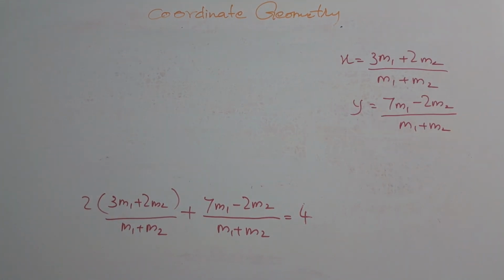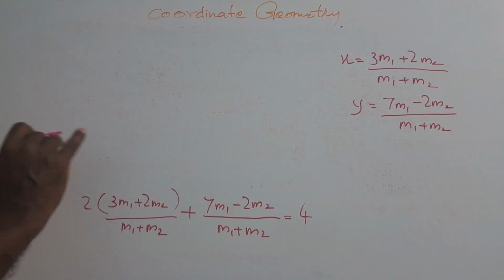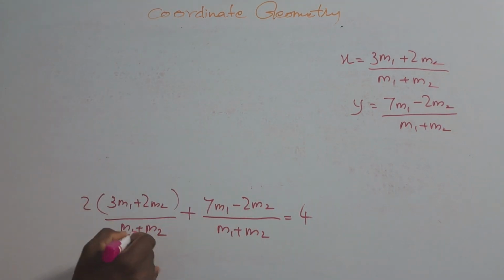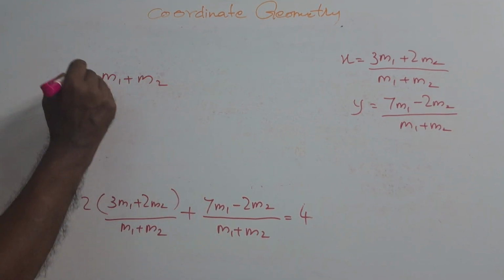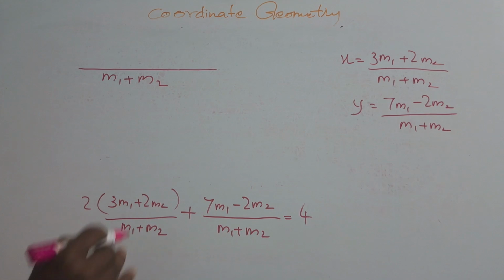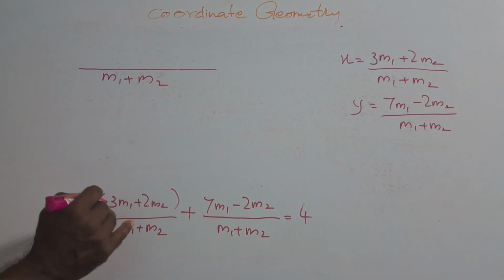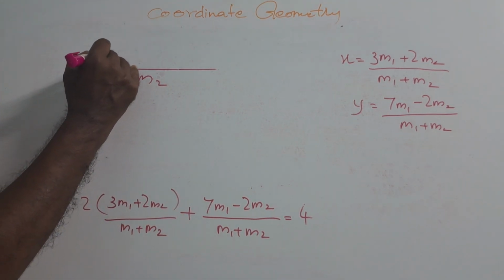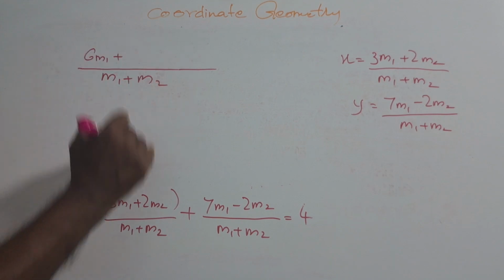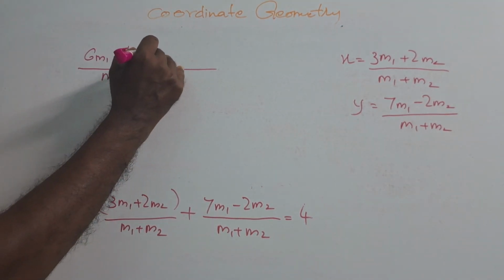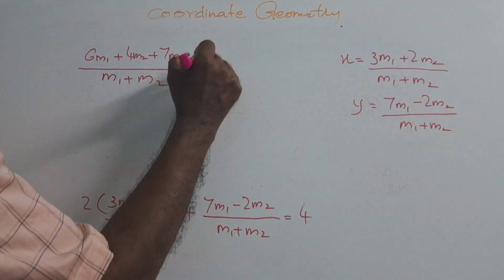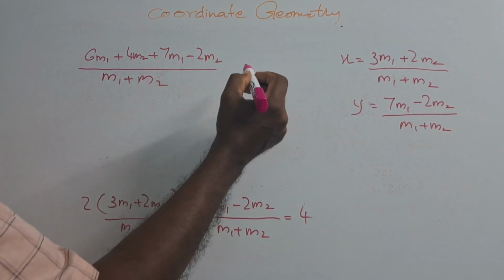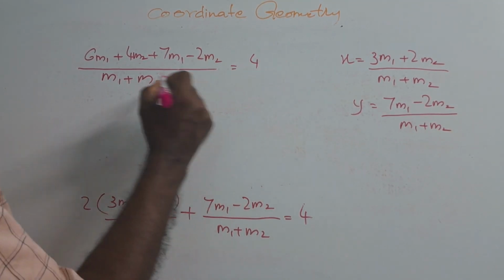Now let's simplify the equation. We have a common denominator, therefore we need to write the denominator only once. m1 plus m2 as denominator. Now 3 into 2, 6m1 plus 4m2 plus 7m1 minus 2m2 is equal to 4.